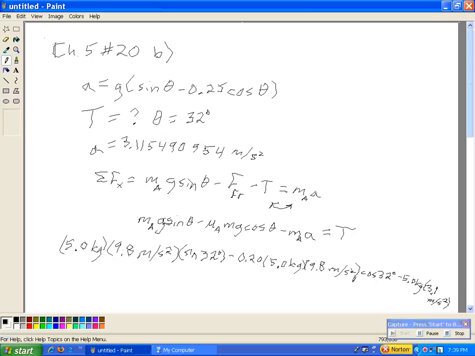Okay. And when I say you need to plug in this whole thing, that's for your calculator. If you want on the paper, you can write 3.1. But when you do the calculation, you need to plug in all the numbers. Okay.